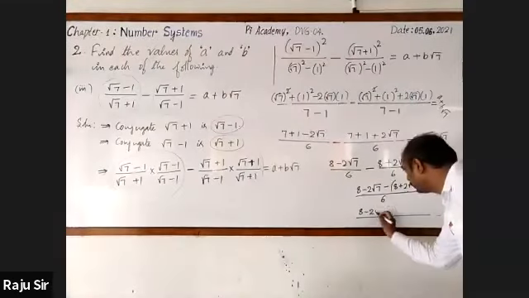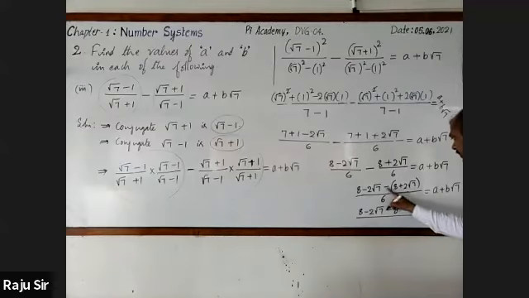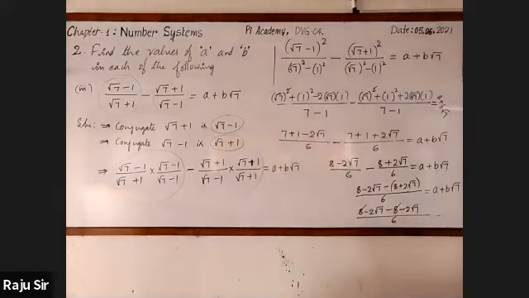Yes, sir. Now let me continue that here. This is 8 minus 2 into root 7. Now I'm multiplying by minus. It will be minus 8, minus minus 2 into plus, 2 into root 7. Minus 8 and plus 8 get cancelled. This is 4.